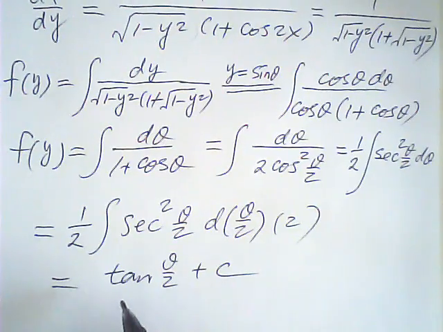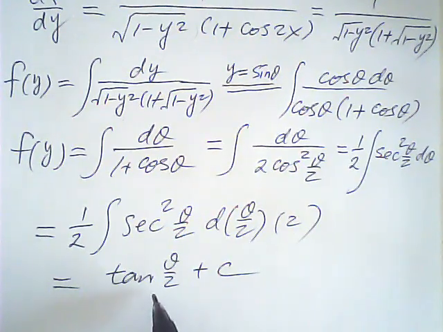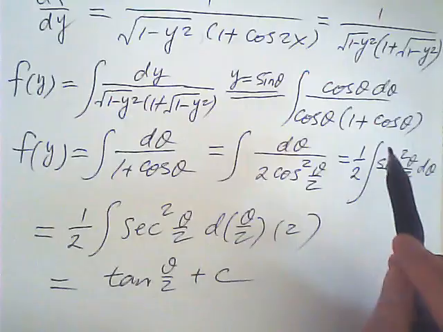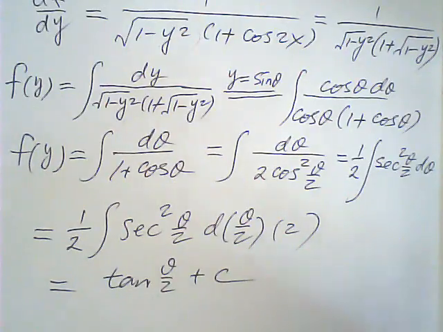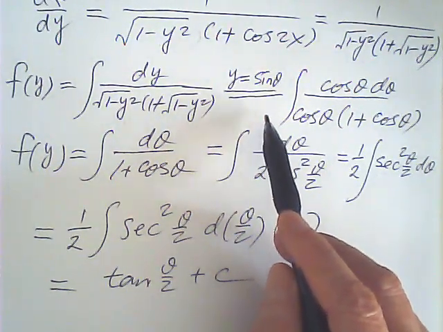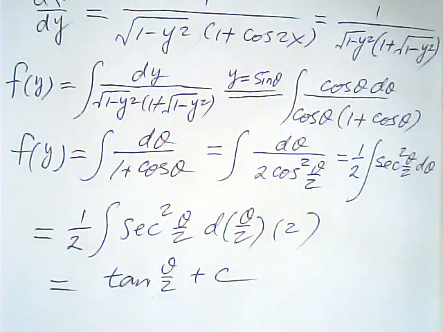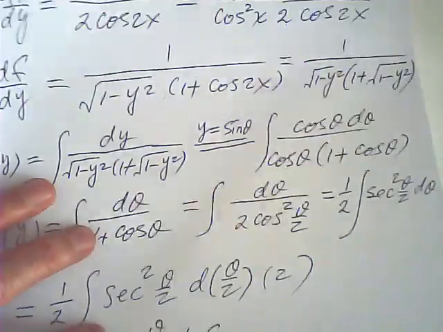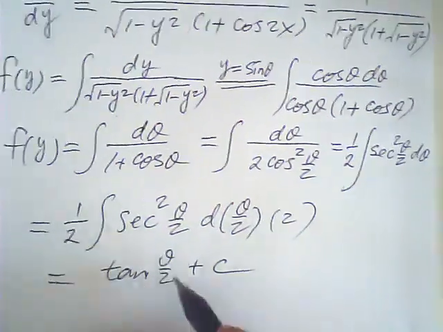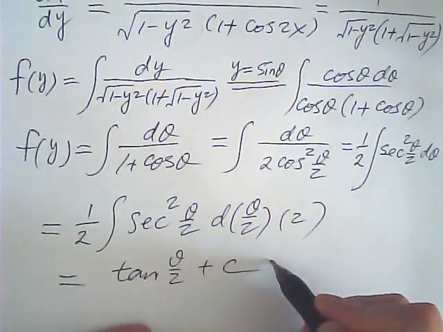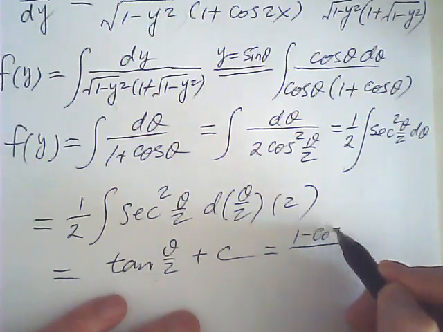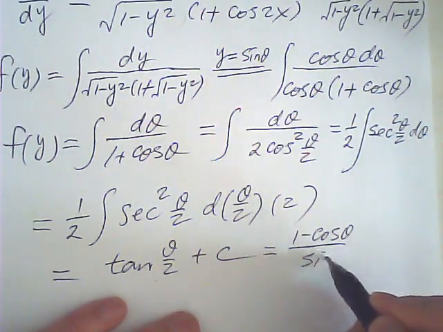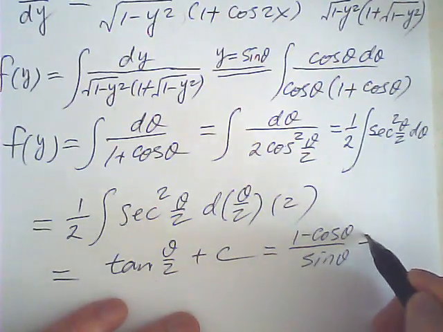So then I try to express this one in terms of y. As we know, there's a formula for tangent half theta. This is equal to 1 minus cosine theta over sine theta, plus c.